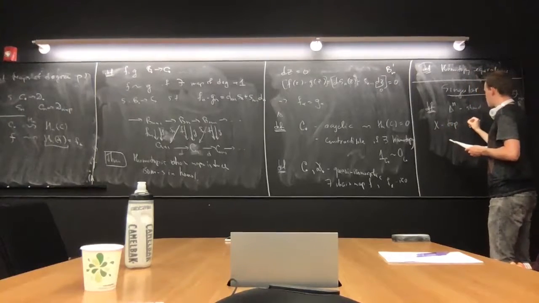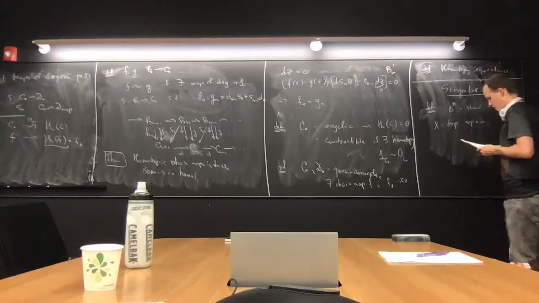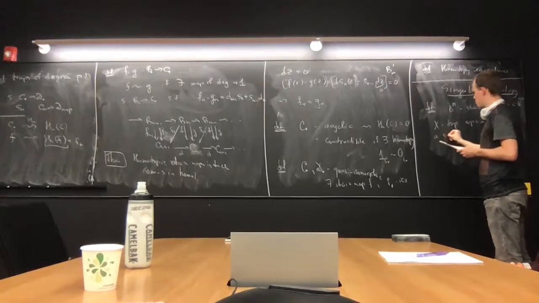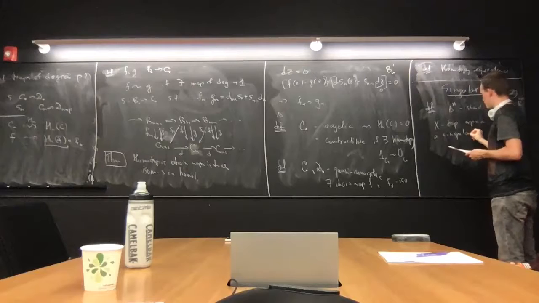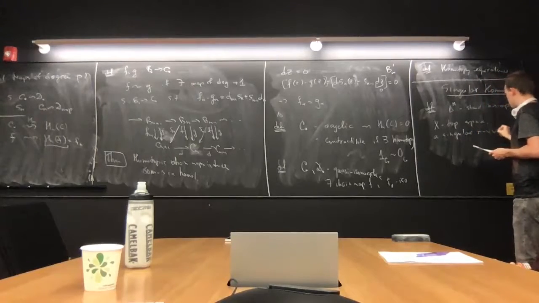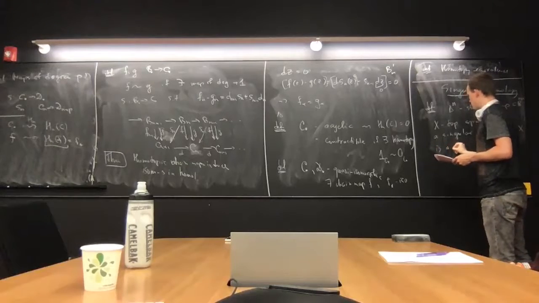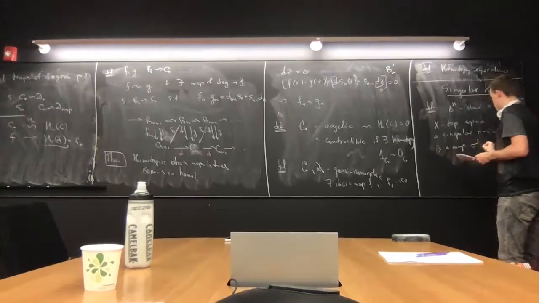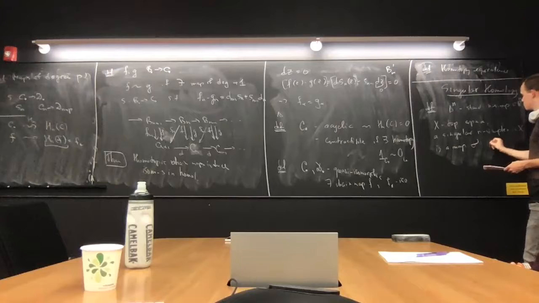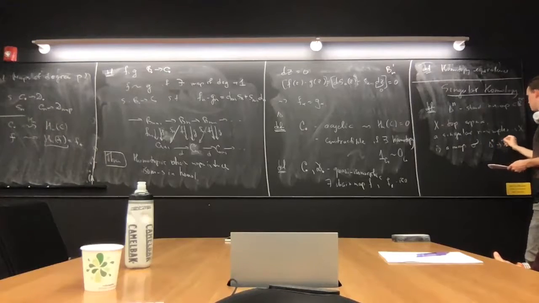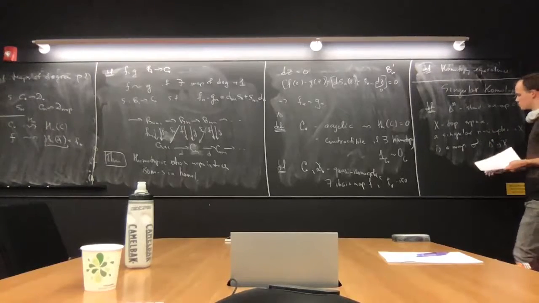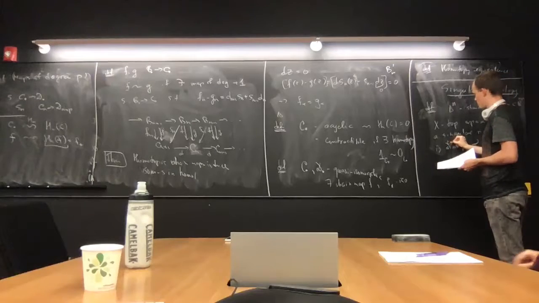Let X be a topological space. Then a singular n-simplex in X is a map sigma from delta n into X, which is continuous.